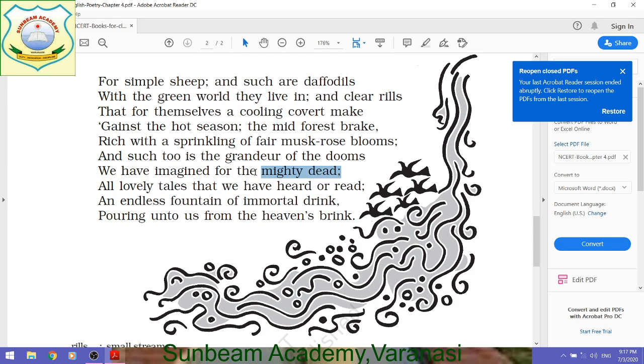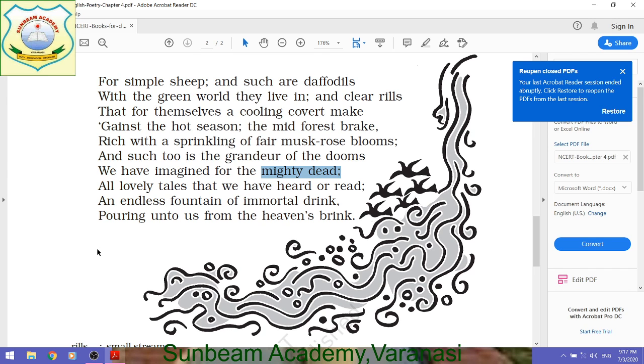In that sense, they are the mighty dead. They are dead, they are no more with us, but their achievements remain a constant source of inspiration for all of us.